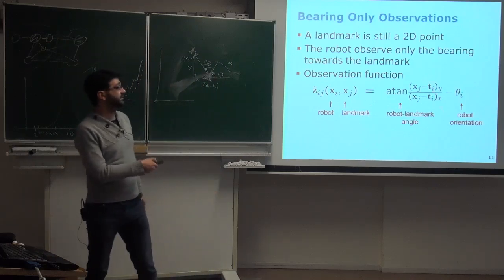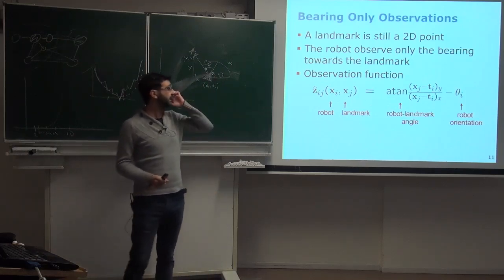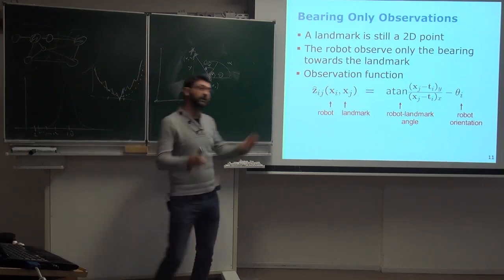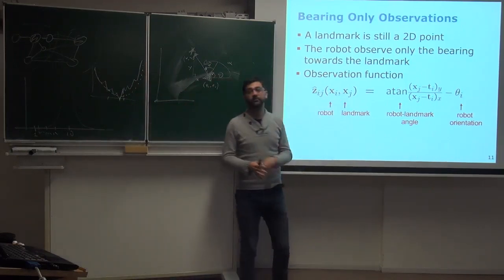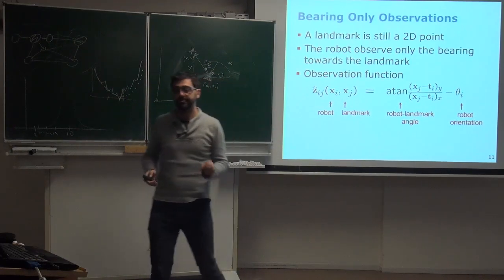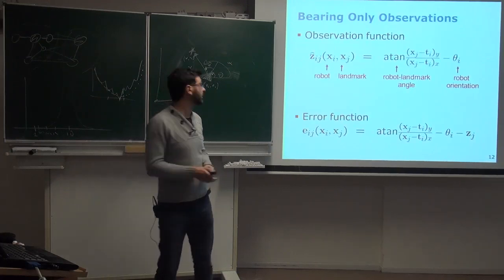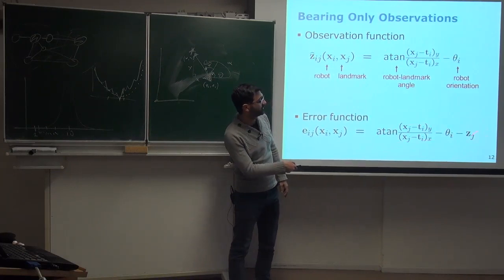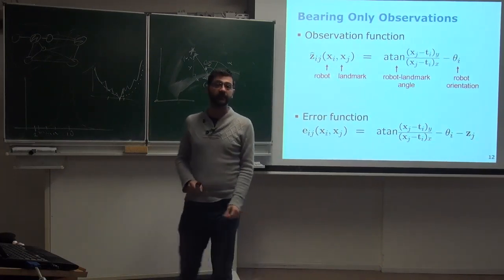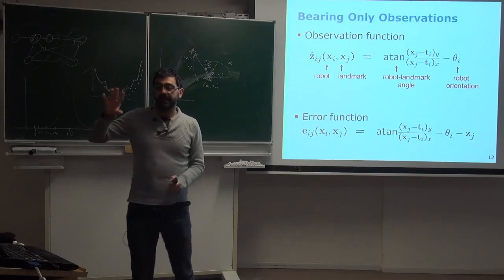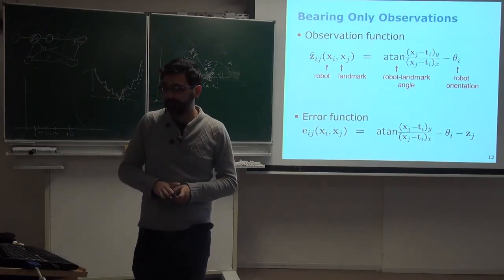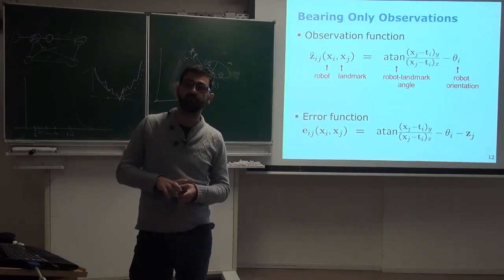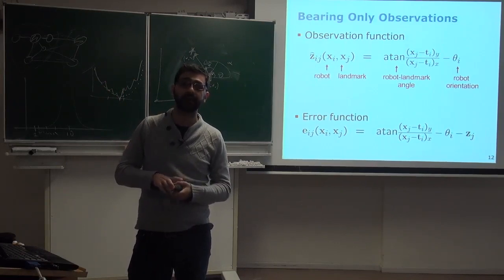And that's what's written here. And again, we assume a linear error, so we take the linearization after that, and we just take the difference between the expected observation and the real observation out there, okay?